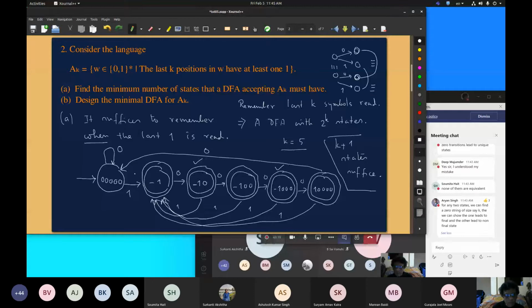Okay. So these states are all inequivalent, mutually non-equivalent. And they cannot be equivalent to this because this is a non-final state. Okay. So, yeah. So let's see. So we have actually solved B and A together.